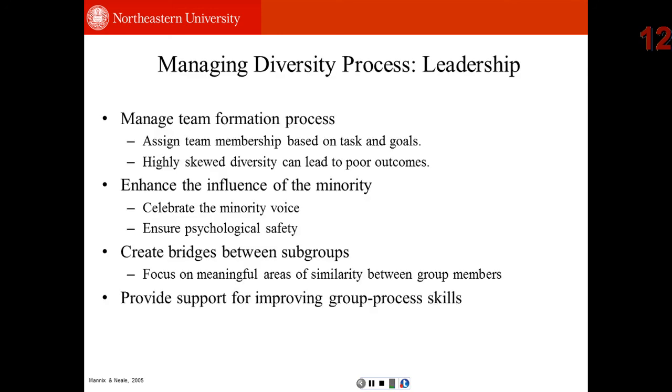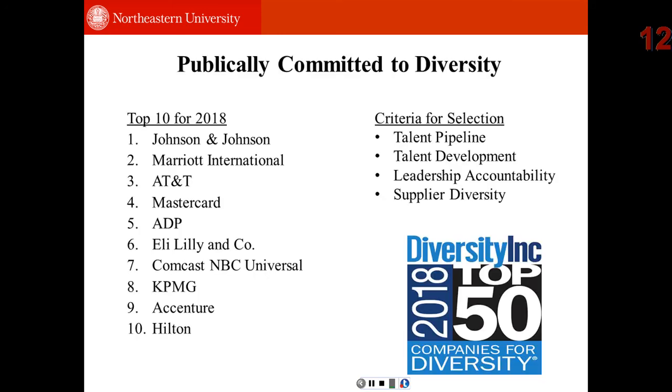Some additional slides that you're welcome to go through cover the managing diversity process and creating bridges, which I talked about previously in subgroups. This is a really cool slide. Diversity Inc., if you are not aware, usually puts out a top 50 companies for diversity every year.